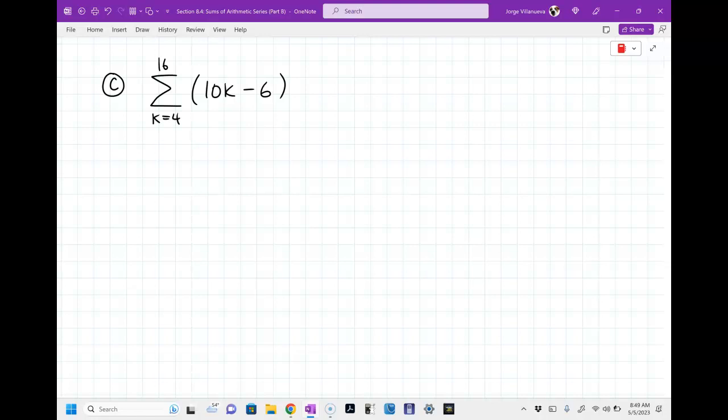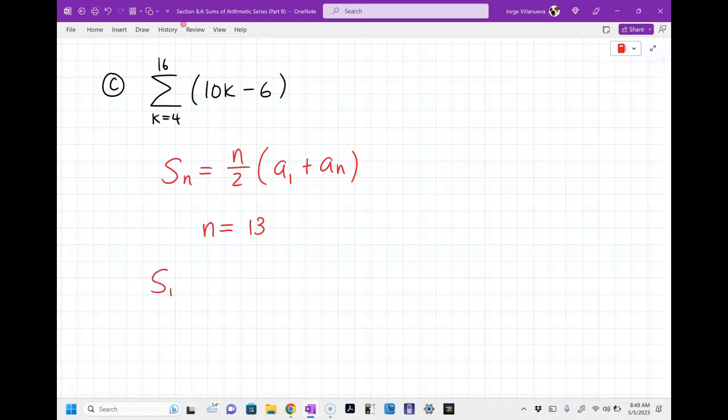Okay, so here we go. S sub n is equal to n over 2, a sub 1 plus a sub n. We know n is going to be 13 because 16 minus 4 plus 1 is 13. You always add 1 after you do the subtraction of the top number minus the bottom number.